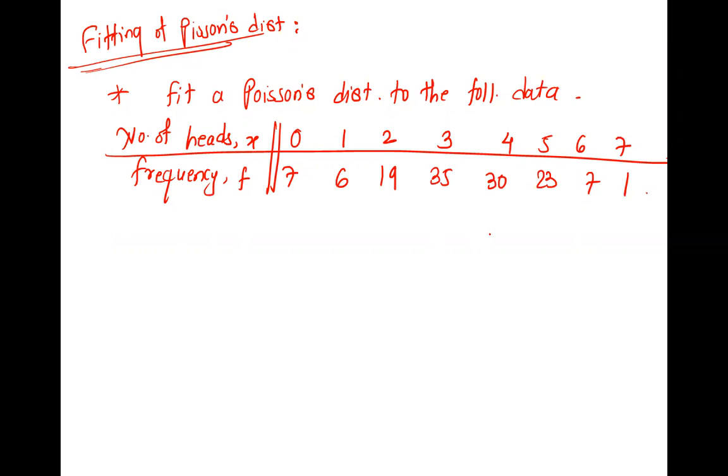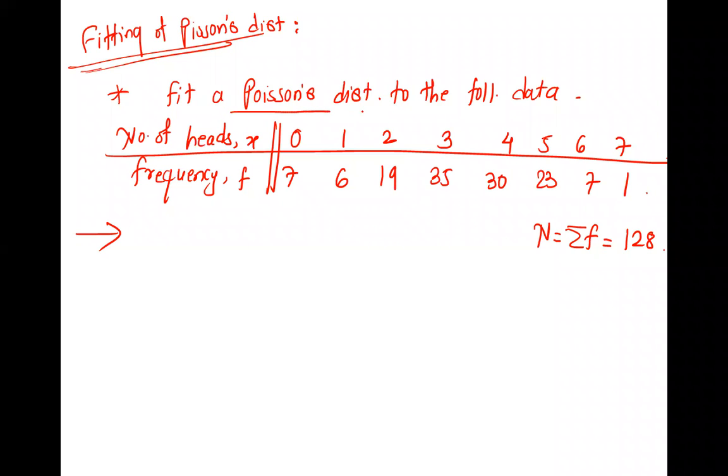Here we'll need capital N. What is capital N in such case? What is small n? 7. And what is capital N? Summation F. Find it. 128. So capital N is 128.